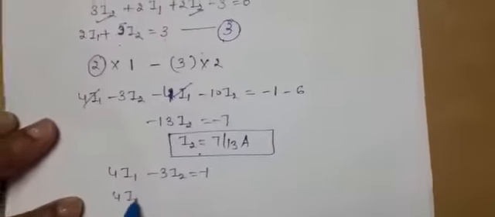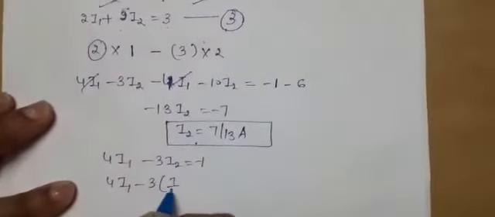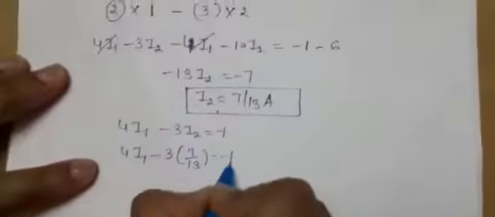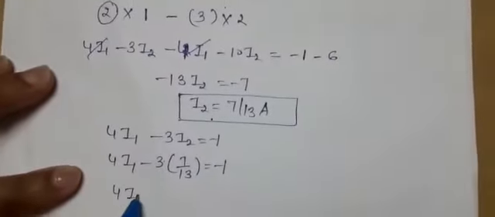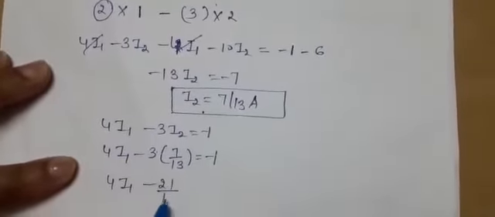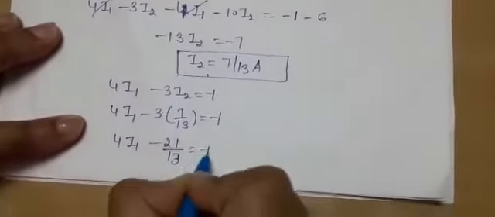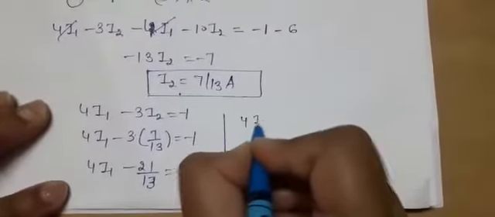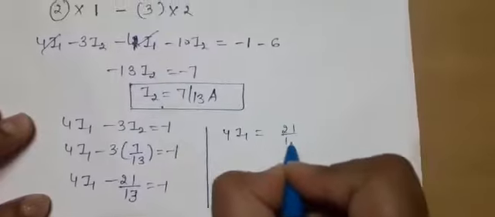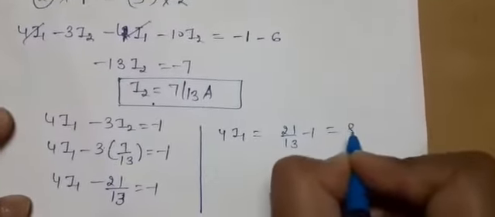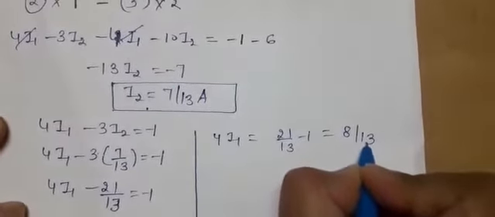Now put this i2 here. This is 7 by 13, equal to -1. So when you solve it, this will be -21 upon 13 minus 1. So 4i1 will be equal to 21 upon 13 minus 1. This is 8 by 13.